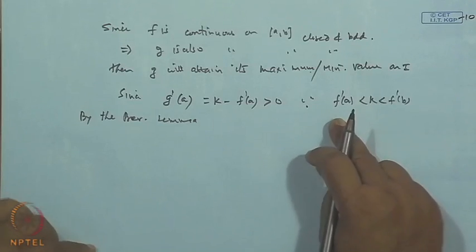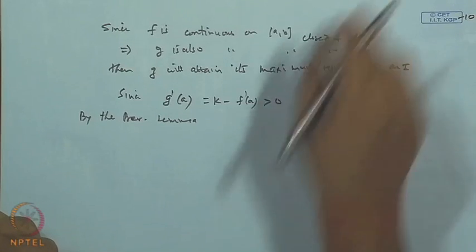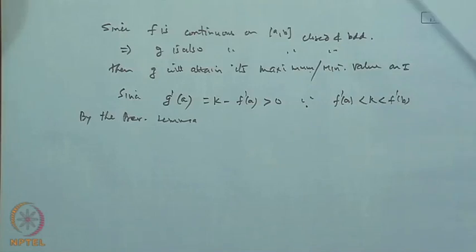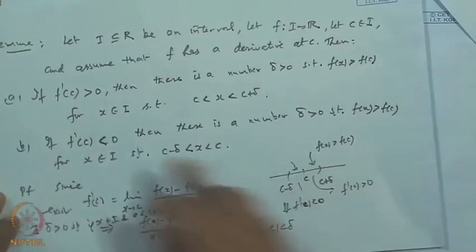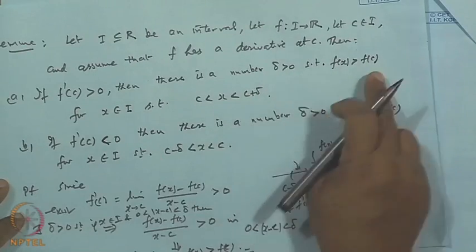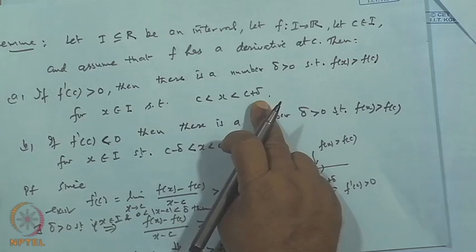By the previous lemma, what it says: if the derivative is positive, then there is a number delta such that on the right hand side neighborhood, the function value will be greater than this.